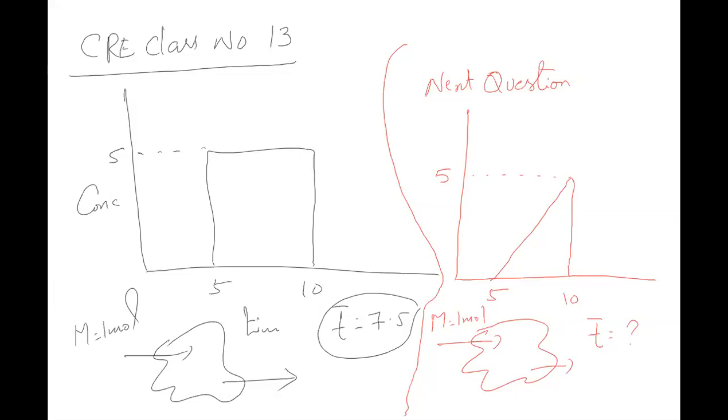Somebody is saying 15 minutes. 15 minutes is completely wrong. Why is 15 minutes wrong? Because imagine your class of students, all the marks are in between 5 to 10. Your average cannot be out of this range.